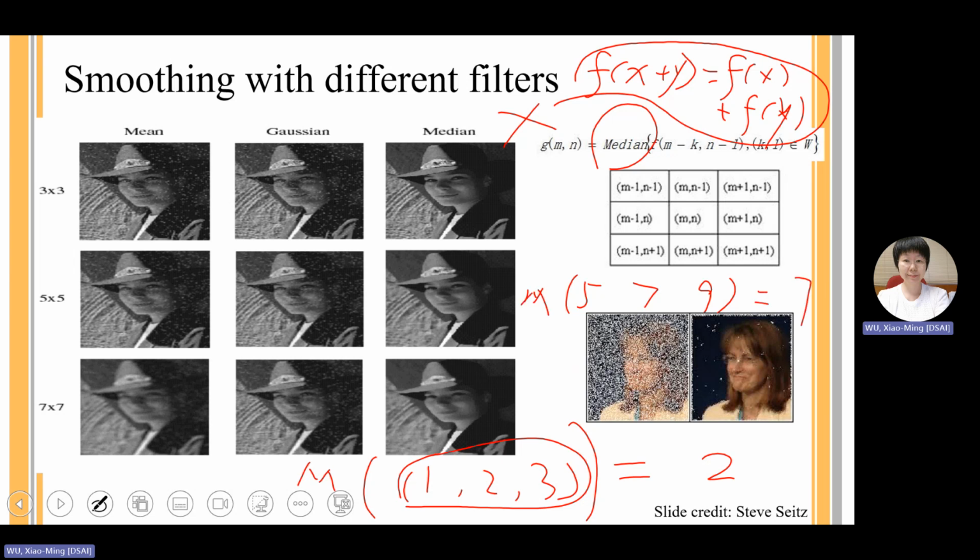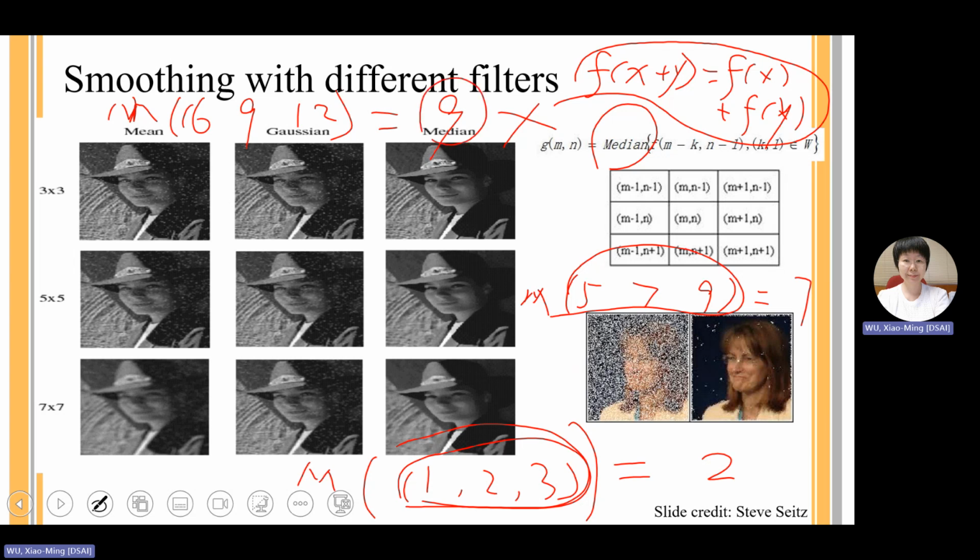Okay. And if we add up the 2 images, the image becomes 6, 9, 12. And the median filter will return 9.